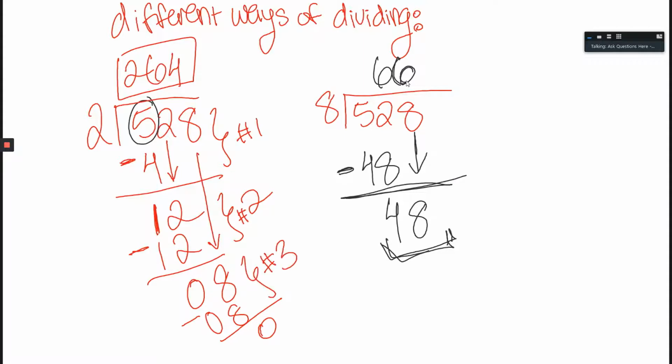But in this case, when we did 528 divided by 8, we only had 2 steps. The reason for the difference in the number of steps is basically how we're grouping these numbers together. In the case where we divided by 2, we were looking at it digit by digit because 2 can go into 5. But when dividing by 8, we were only looking at the first 2 digits because 8 can only go into 52, but 8 cannot go into 5.